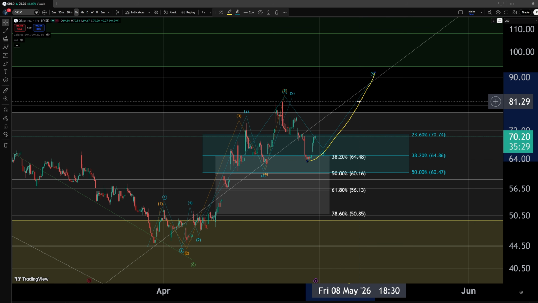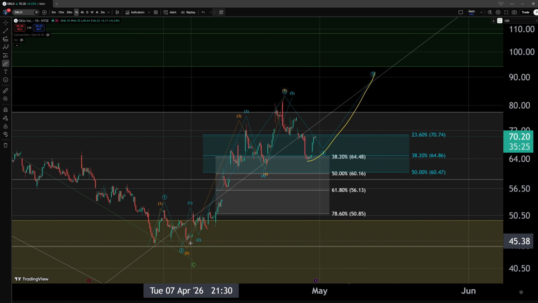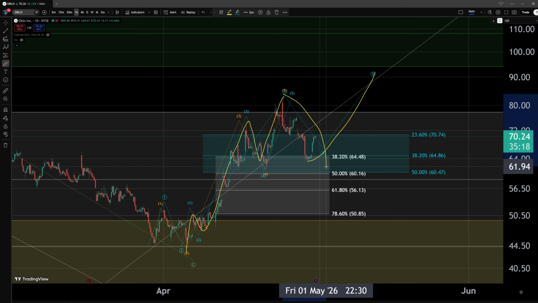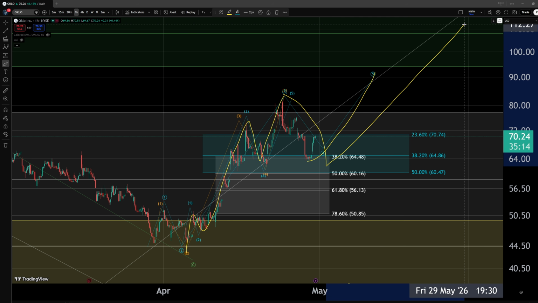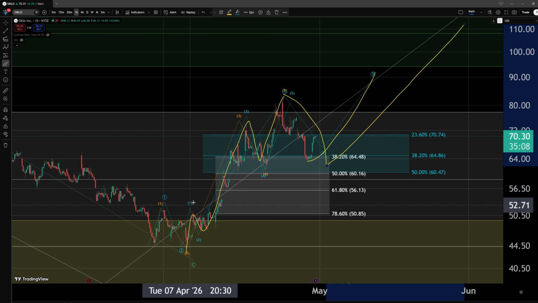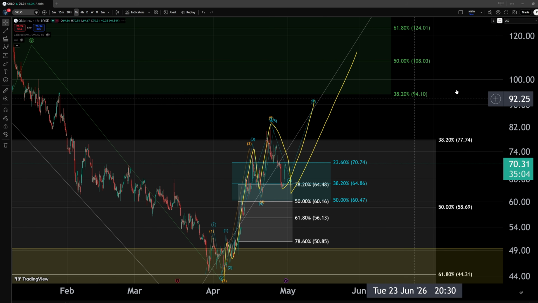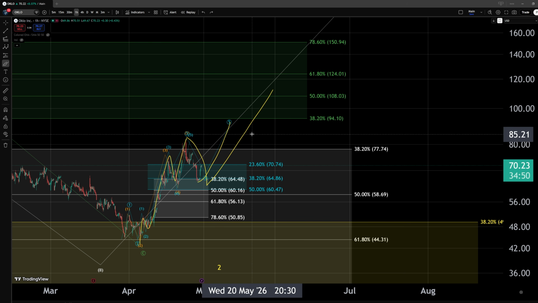Even if we do not break the blue area of support, we might have a 5-wave move to the upside within one count or the other in place, a wave 2 correction into the support zone in white, and an extension to higher prices form in a pretty direct fashion where, before we get another such opportunity, we would need to get another confirmation. We would need to build an entire larger 5-wave move to the upside, right?